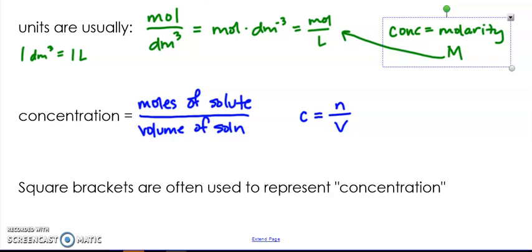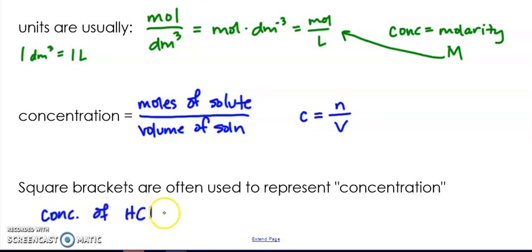So for example, if I want to talk about the concentration of an HCl solution, another way to write this would be [HCl] in square brackets like this. That's what that means. Concentration of HCl is square brackets.